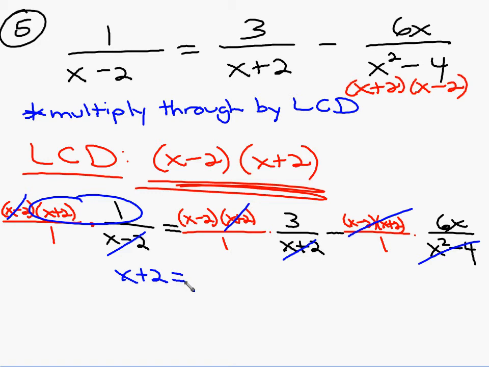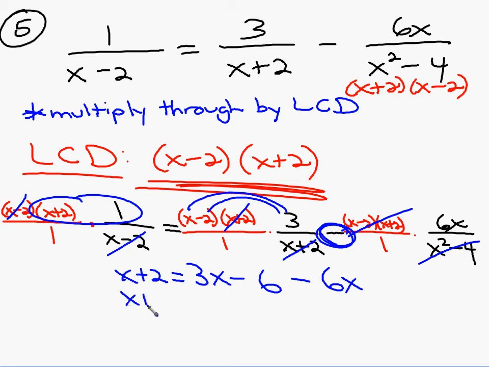I have 3 distributed here, so that's 3x minus 6. Minus, be careful with these signs, 6x. And oh my goodness, does that look better. So you kind of have an ugly step at the beginning, but then you have a very simple linear equation from that point on. So we have x plus 2 equals negative 3x minus 6.